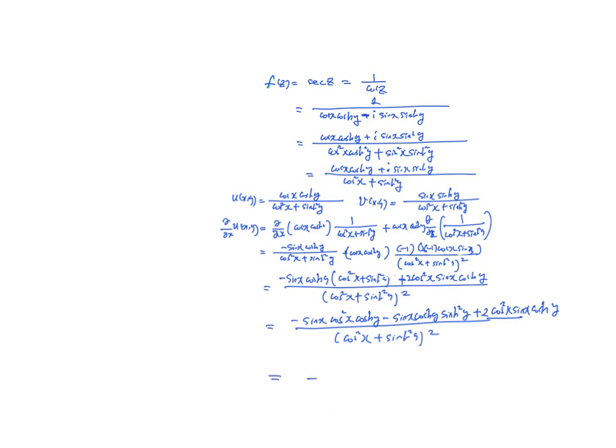So we put together, what do we get? Cosine square x plus sine hyperbolic square y, squared, in the denominator, and in the numerator cosine square x sine x cosine hyperbolic y minus sine x cosine hyperbolic y sine hyperbolic square y.